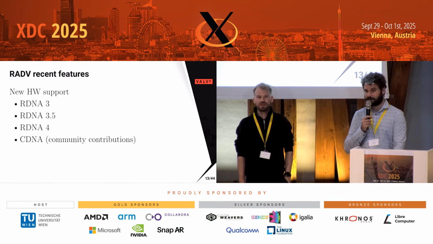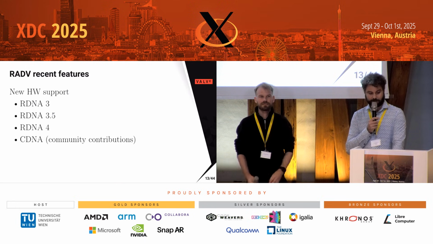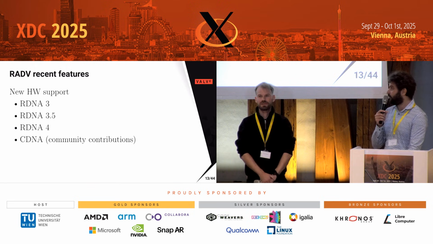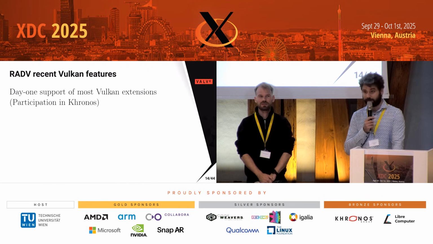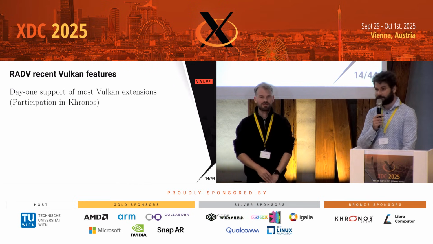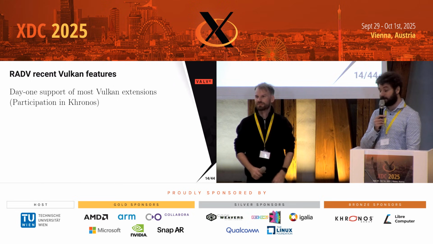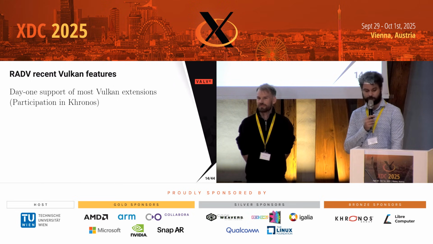So over the last couple of years, we added support for a lot of new hardware. There is still some, like CDNA, which is not quite there, but we're getting some contributions from the community. And the other thing is that not only do we have day one support for the new graphics cards, we also have day one support for most new Vulkan extensions.